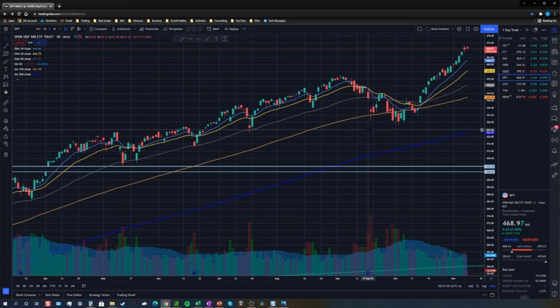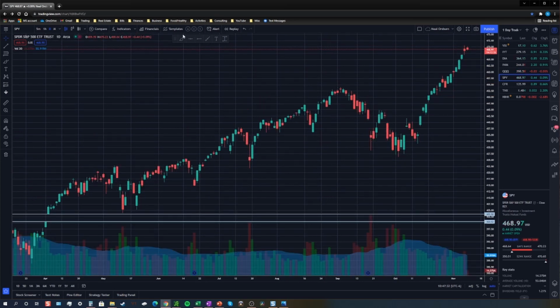So I'm going to remove all of these indicators and things. All right, well, I guess the lines can stay. But what you want to do is look at a chart very clearly and easily and say which direction it's moving.